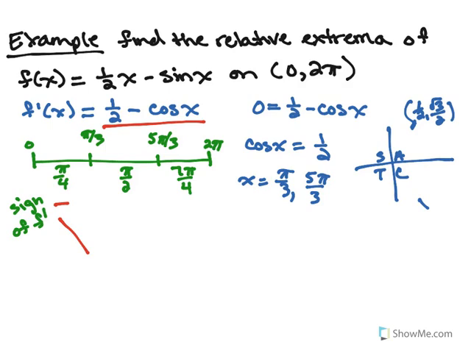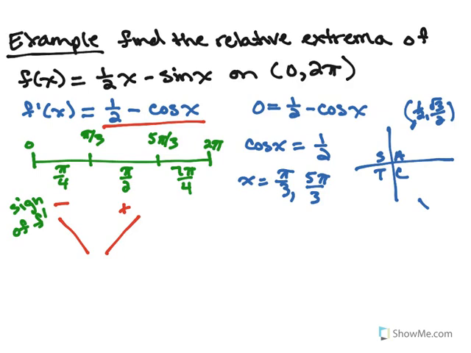If I plug pi over 2 in, cosine of pi over 2 is 0. And that's why I picked pi over 2. Made life easy. So we're going to get 1/2, which is positive, so we're increasing. And then 7 pi over 4.